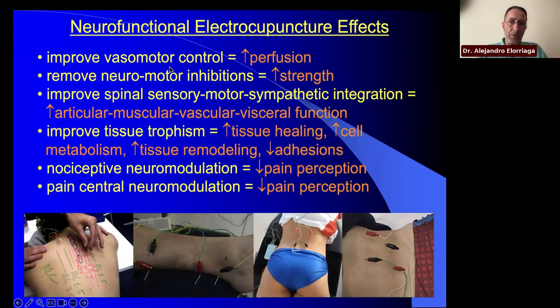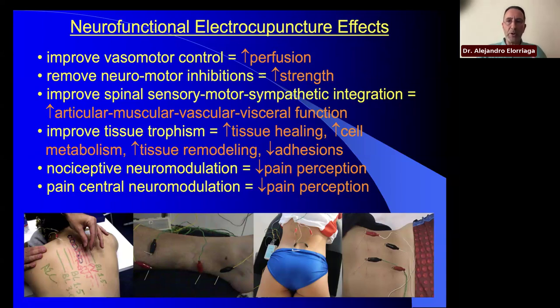On yellow, after the dot, I have written the effect that the needle could provide, and in red, the physiological change that can be expected from that physiological response. And I've put them in the order I believe should be considered.